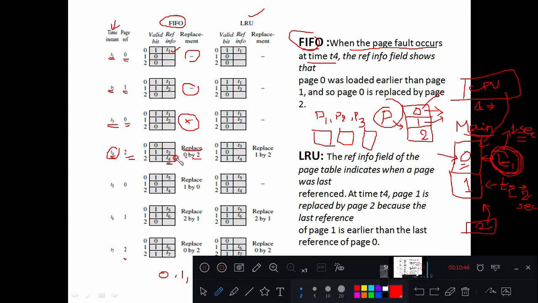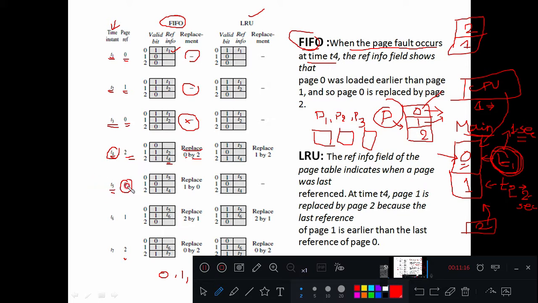Okay, now here at time t5 again page 0 is referred, right? It will check, do we have the page in the main memory? No, because page 0 was swapped out at time t4. How is the main memory looking now? It has two pages, page 2 and page 1.